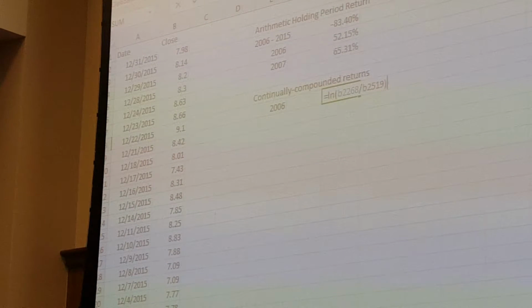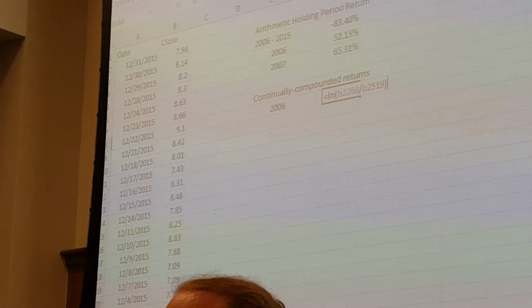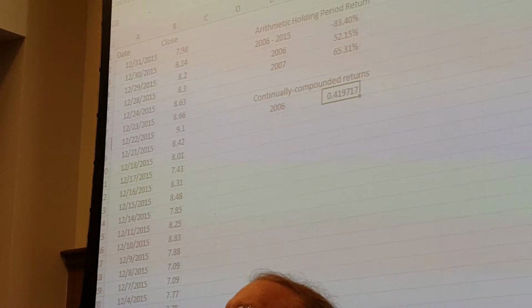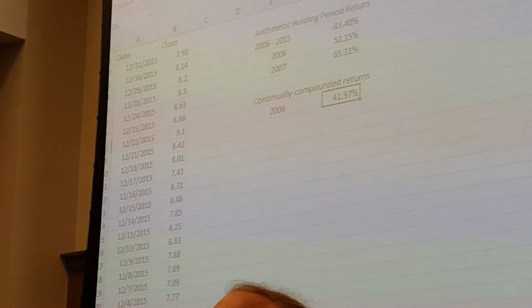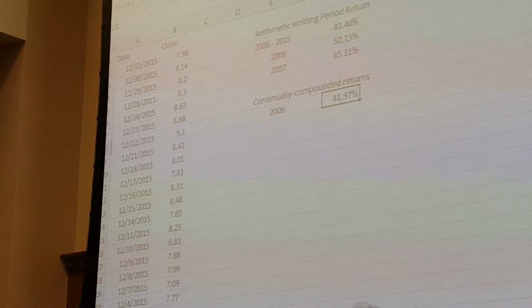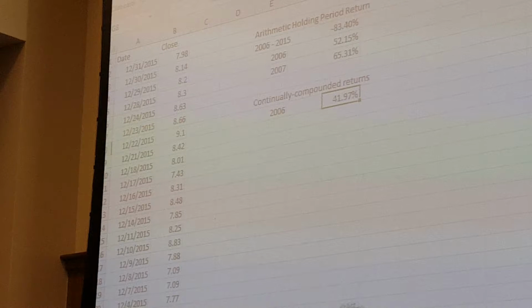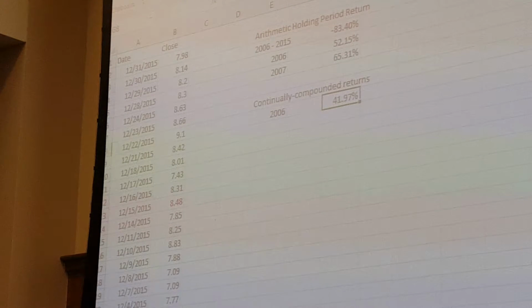Just take the ratio, take the natural logarithm. So that's giving me 41.97. And you'll notice it's less than the arithmetic holding period return. That continually compounded is always going to be less than the arithmetic.